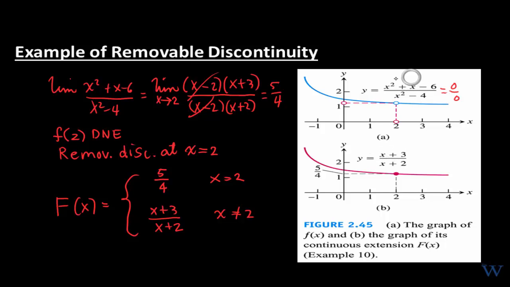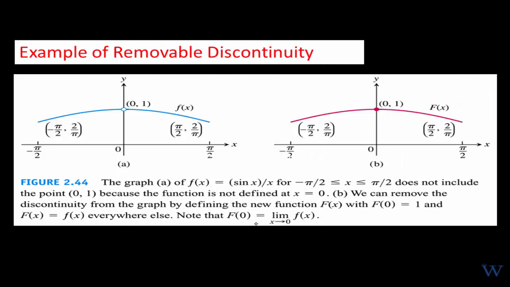Then we say that capital F of x is the continuous extension of this function that has a removable discontinuity at x equal to 2. Later on we can go back to this function once we've talked about limits at infinity.